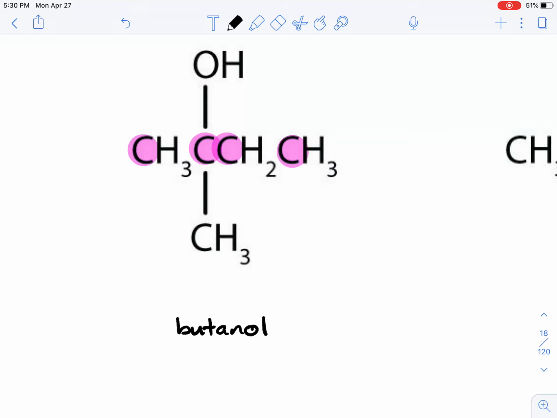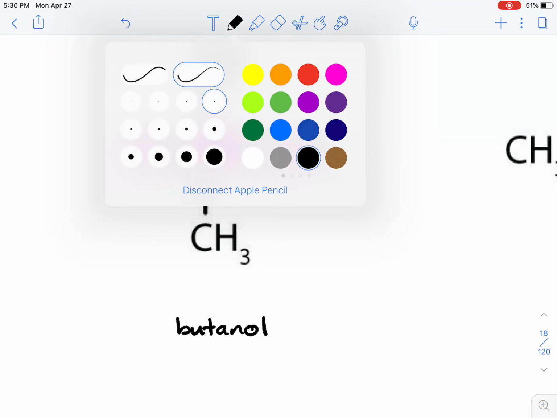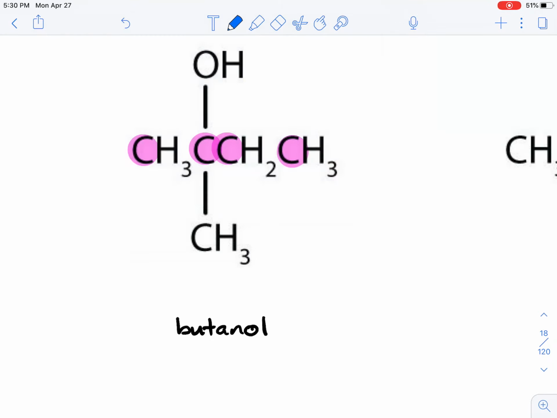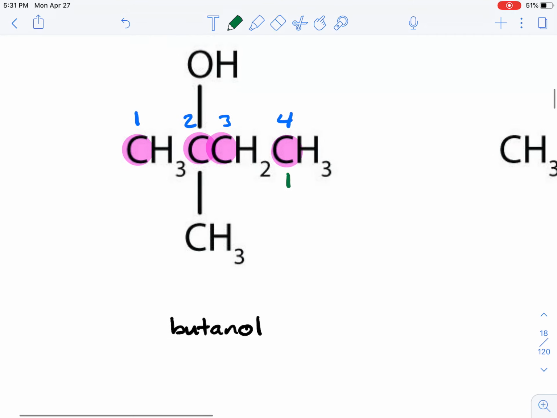And so once you have the parent name, you're going to number the carbons such that the alcohol gets the lowest carbon number. And so I'll go ahead and go from left to right. So I have 1, 2, 3, 4. And then I'm going to go from right to left. 1, 2, 3, 4.